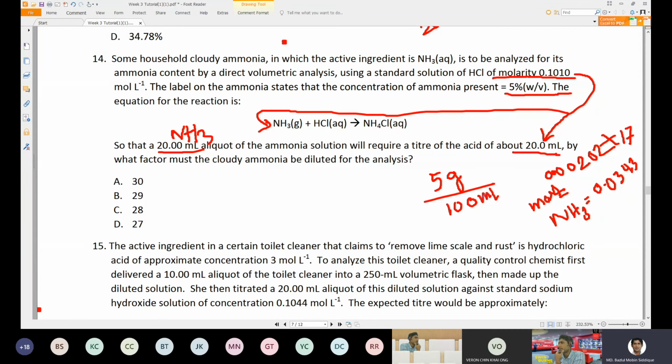This is the gram of ammonia we have in the sample, and it says that it is 5 weight percentage, that means 5 gram in 100 gram. So the concentration of the dilute ammonia will be that.